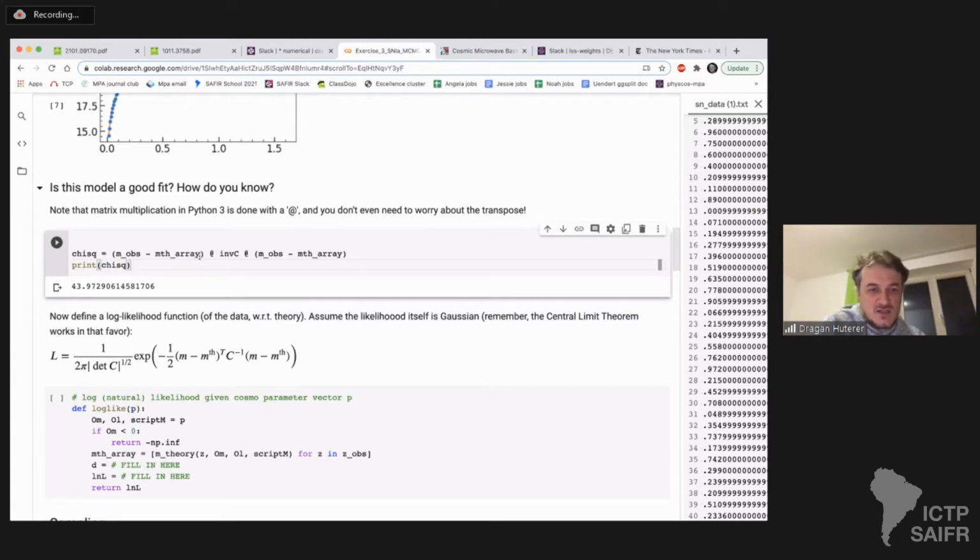Again, somehow it's smart enough and doesn't even need to take the transpose. Normally you would take a transpose here. So M obs minus M theory, transpose, times the inverse of the covariance, times this. This is your basic expression for chi-squared, with the diagonal covariance. I print that and it gives me 44.